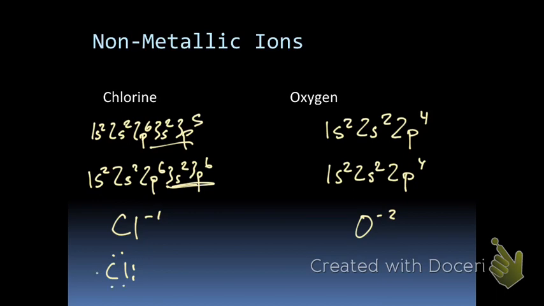It might be easier to look at it this way: chlorine just needs one more electron. Oxygen in group 6 needs only 2 more electrons, and so you can add them here. By adding them, you're going to become more negative.